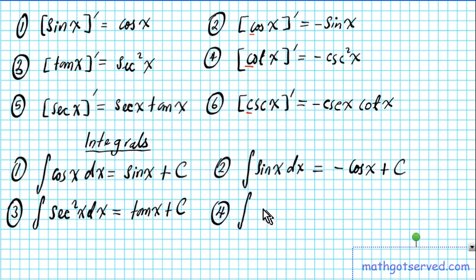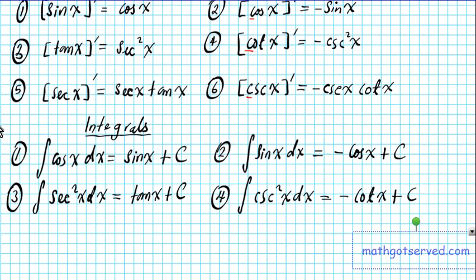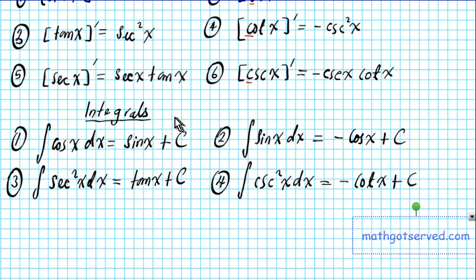What is the integral of cosecant square x dx? In this case, the integral of cosecant square x is going to be negative cotangent x plus c. There was a sign change when differentiating, so when integrating, the signs will change also. Okay, all we are doing here is just reversing the differentiation rules.